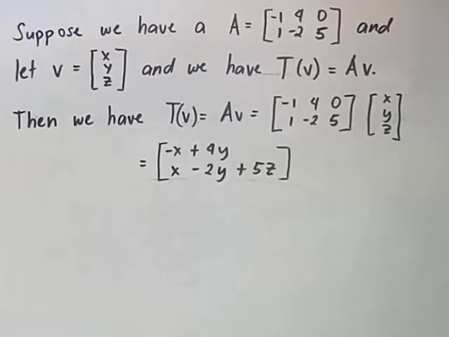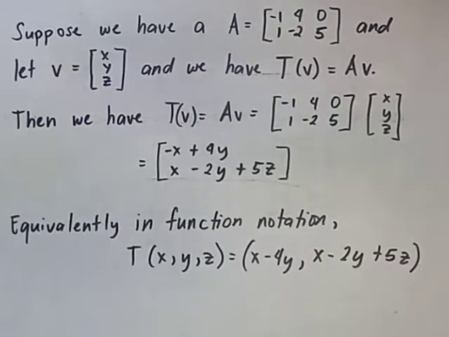Suppose we have a matrix A with elements -1, 4, 0, and 1, -2, and 5, and let V be equal to x, y, and z, and we have the transformation of our vector V, which is equal to the product of our matrix A and V. Then the transformation of vector V is equal to -x plus 4y and x minus 2y plus 5z.